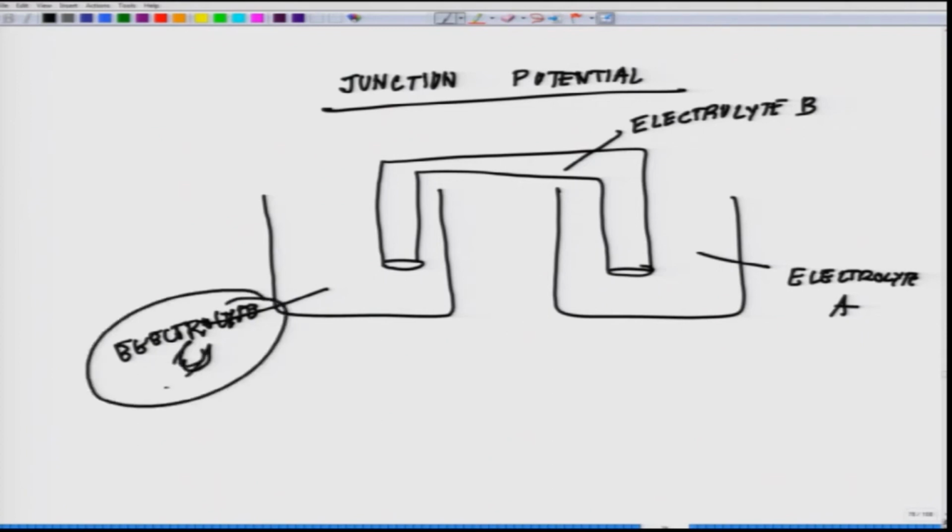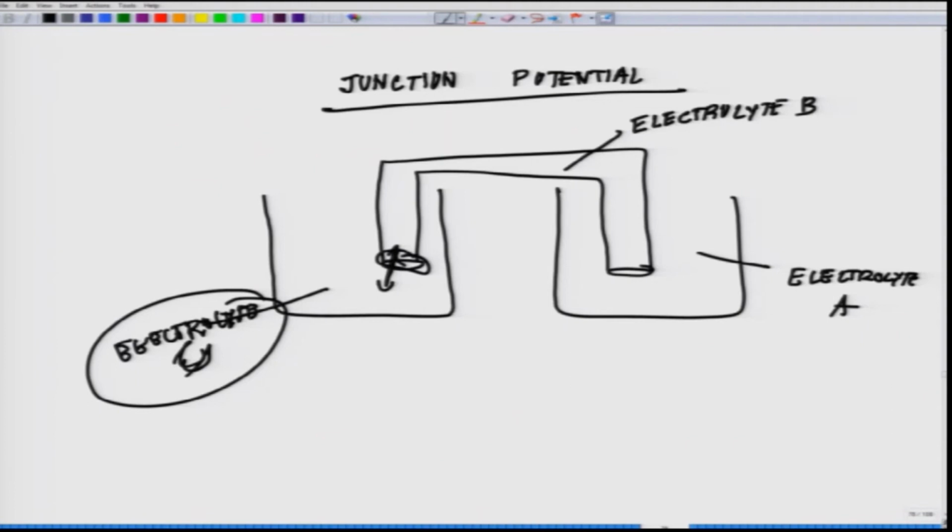Okay. Now, whenever dissimilar electrolyte solutions are in contact, a voltage difference is created across this, which is called the junction potential. This is a small voltage, usually a few millivolts, found at each end of the salt bridge connecting the half cells. The junction potential puts fundamental limitations on the accuracy of direct potentiometric measurements, because we usually do not know the contribution of the junction to the measured voltage.